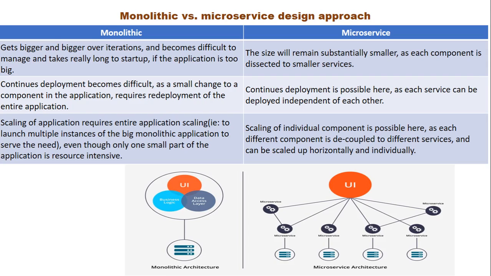If I join the company as a new developer and the business asks me to add another payment gateway, in microservices it's very easy. I go to the payment service, add the new gateway, test it and deploy it. It's not going to break functionality in other services. Easy peasy. The second thing is deployment.